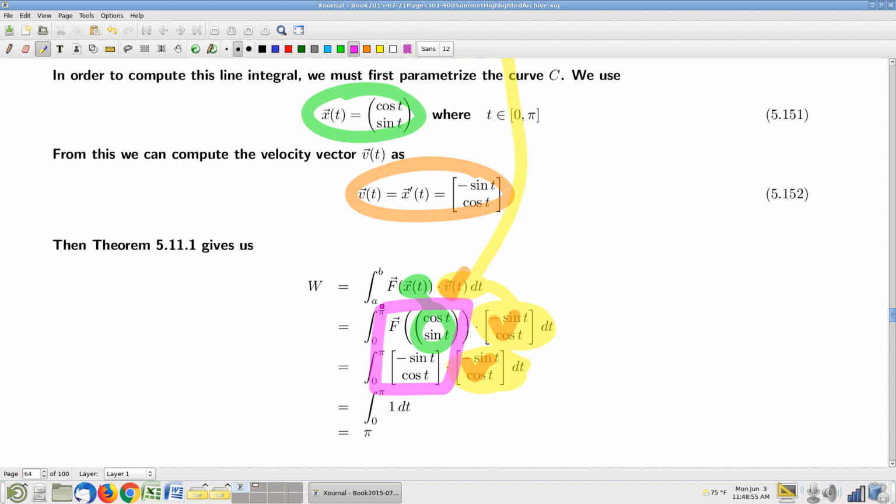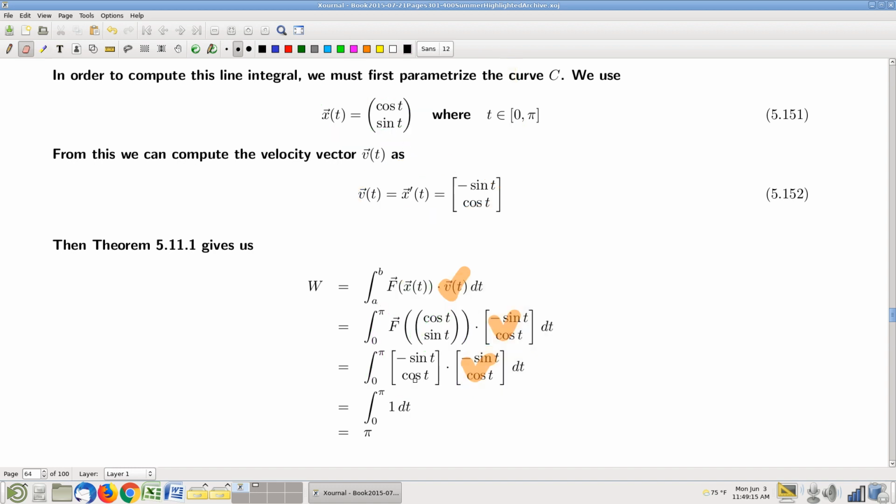Don't forget, x is cosine t and y is sine t, so negative y is negative sine t, comma, x, and x is cosine t. Everybody happy? Just plugging in.